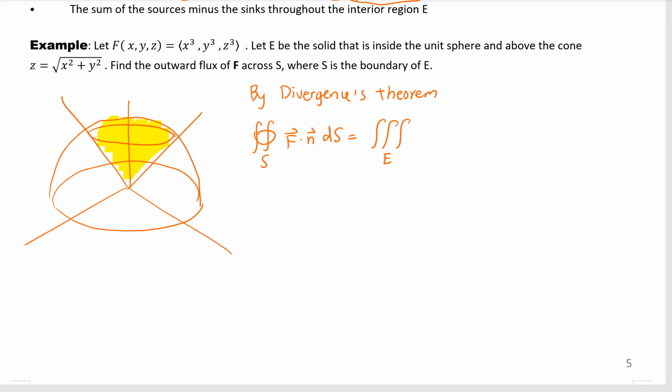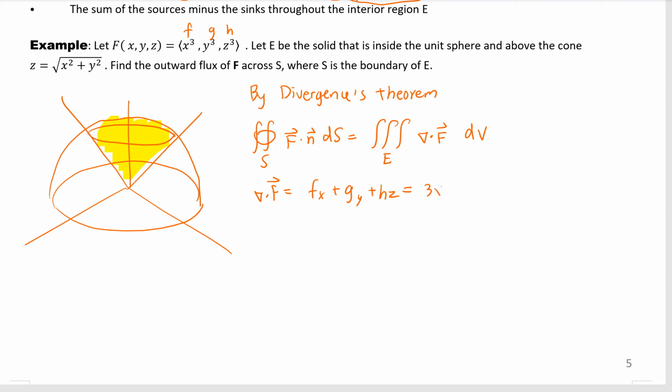This is the yellow solid E, and we have the divergence, del dot F dV. Okay, what is the divergence? Well, let's say F, G, H: Fx plus Gy plus Hz.